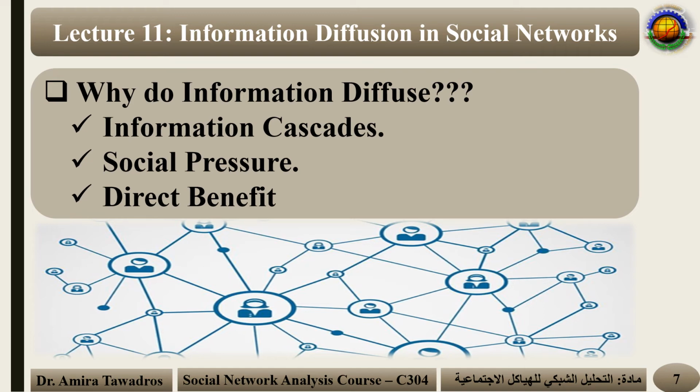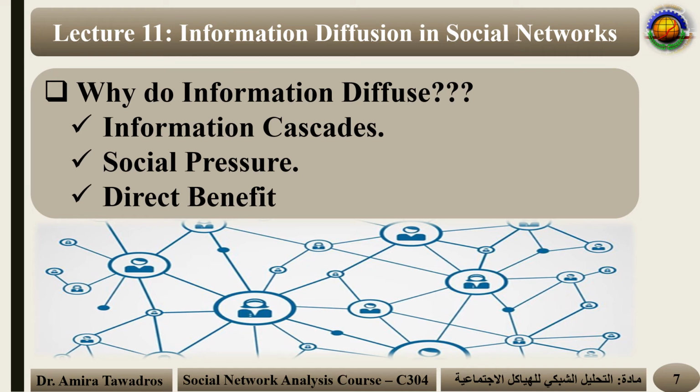This is on the person level, or the individual level. But there is a second reason, on the social or society level. Sometimes there is social pressure. What's the meaning of social pressure? People may adopt an idea or a certain type of action only because the majority of surrounding people are adopting this idea or this type of action.